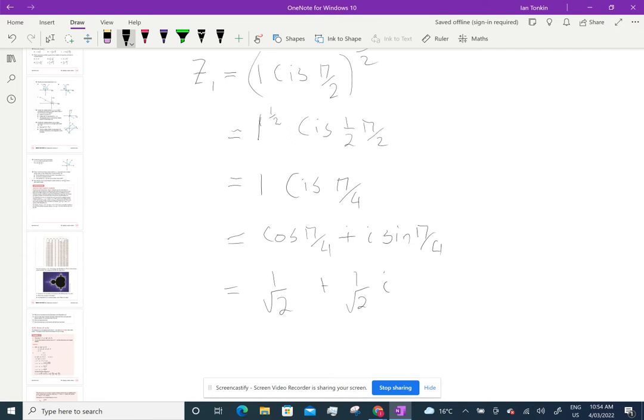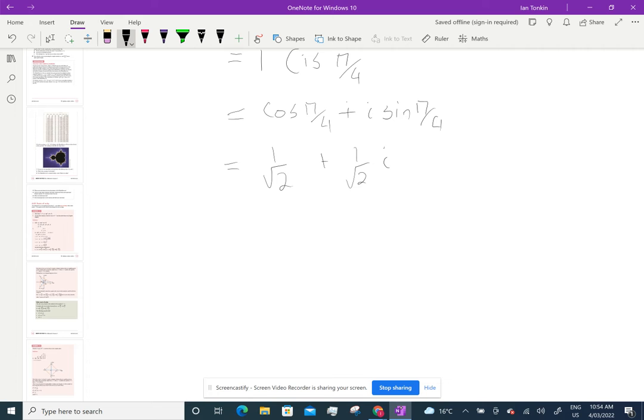Now, once you've got the first one, you don't have to go and do it again. You just go, well, they're equally spaced. So here's the first one, 1/√2 across and 1/√2 up, and that's z₁, and that's π/4.